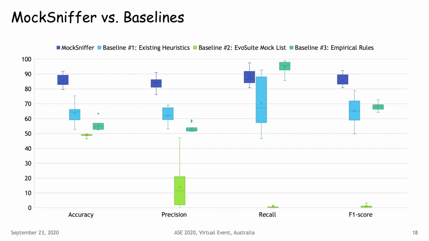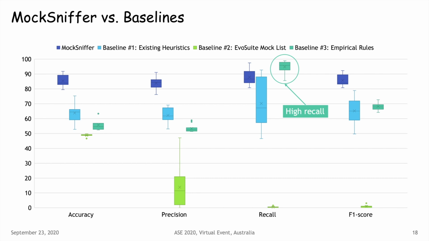From the evaluation result, we can see MockSniffer outperformed the first two baselines by all metrics. Interestingly, we found baseline 3, the one based on rules in our empirical study, had higher recall than MockSniffer. This is because baseline 3 is very aggressive. It decides to mock if any of the rules match.